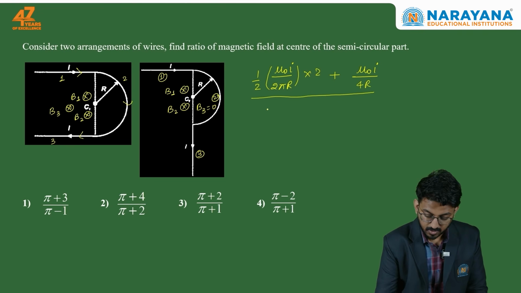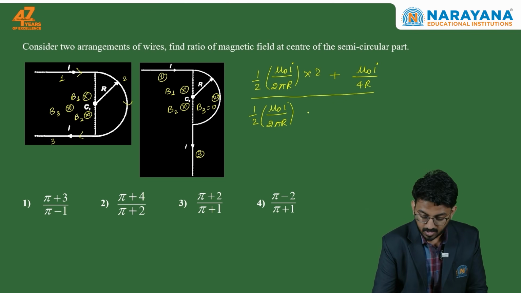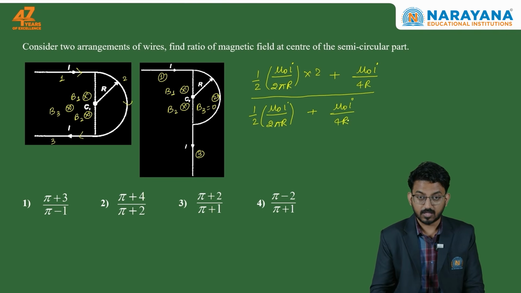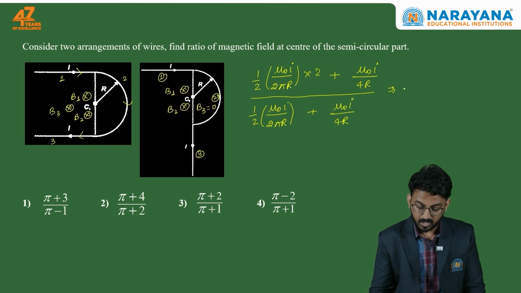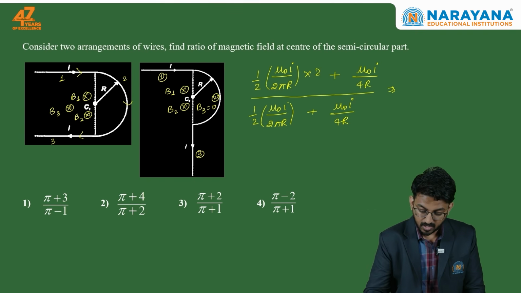Going further, for this one straight wire mu naught I divided by 2 pi r, half of that, and only half because only half the wire we have, plus mu naught I by 4r, like that. So simplifying that, you can see mu naught I by 4r we can cancel here directly.